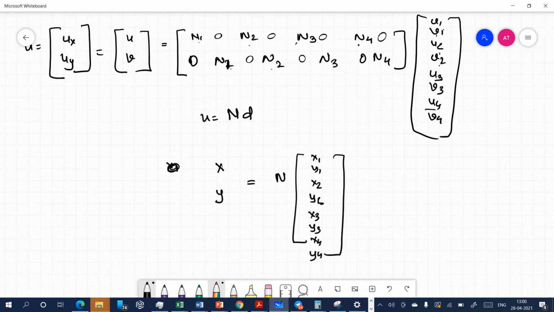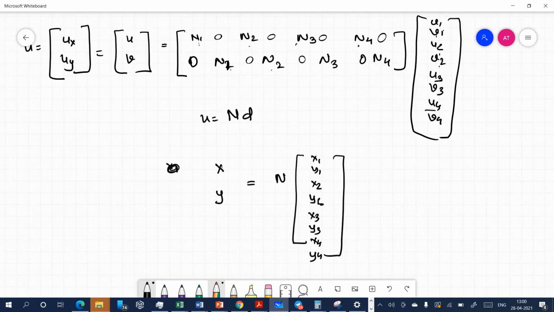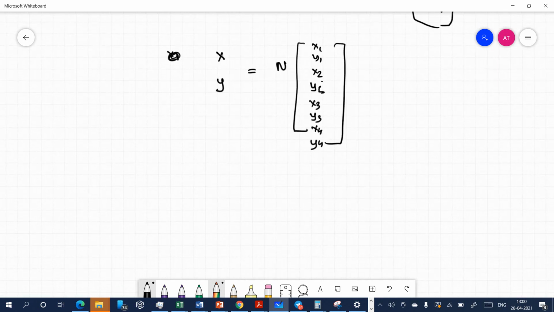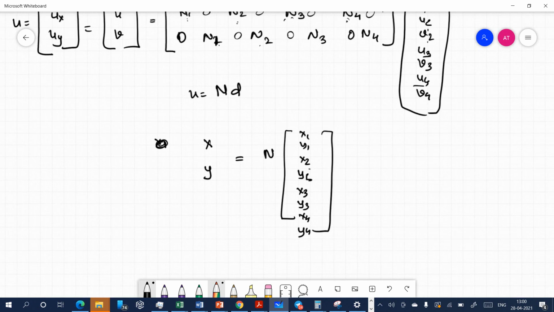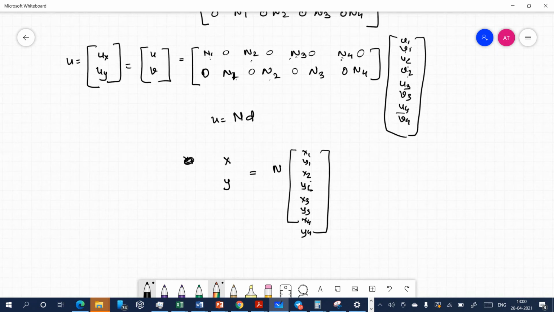So you will have N1 into x1, N2 x2, N3 x3, N4 x4. That will be the value of x at any point in the element. Okay, so this is how we can define our coordinate system, and these are the signature of isoparametric formulation or isoparametric element.